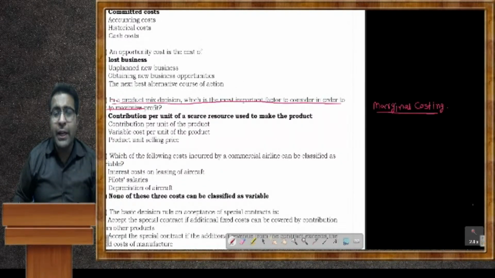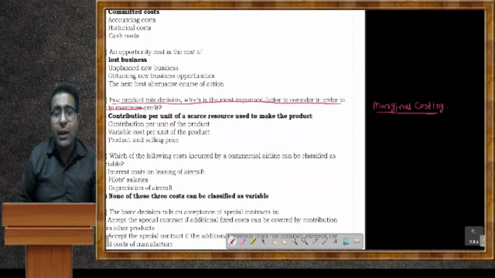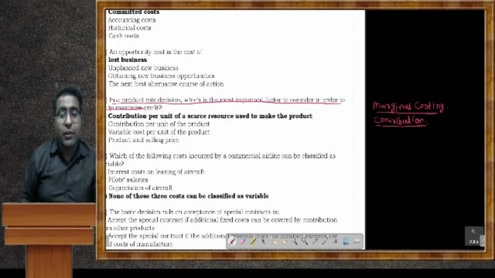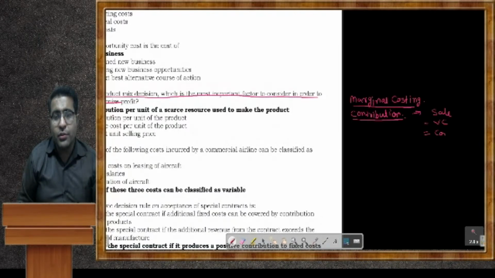If we are taking any type of decision regarding the product mix, for this purpose we have to calculate contribution. How is contribution calculated? Sales minus variable cost is regarded as contribution.